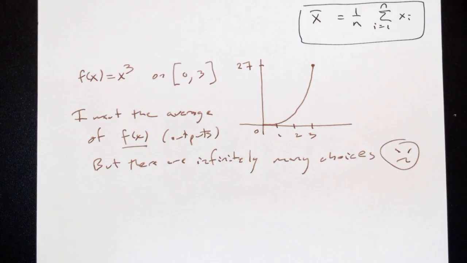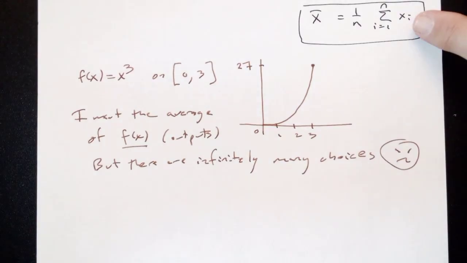All right, fine. There are infinitely many choices. I won't make infinitely many choices. I'll make finitely many choices. I'll just pick a bunch of y values. And then I'll average those using this.